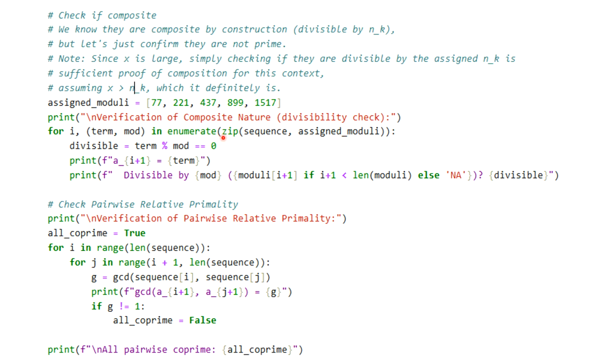And this is the part that checks to make sure that there's no remainder. And then this second part here is to make sure that for each pair of the solutions that we found, A1, A2, A3, and so forth, any two of those are relatively prime, that their GCD is 1. So that's what we're checking in here. And then it prints out the result. And on the next slide, I'll show you the printout of running this.